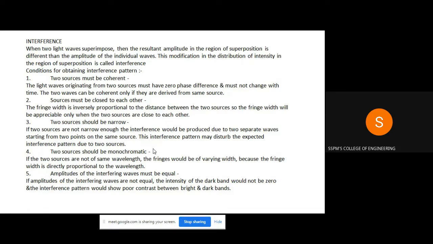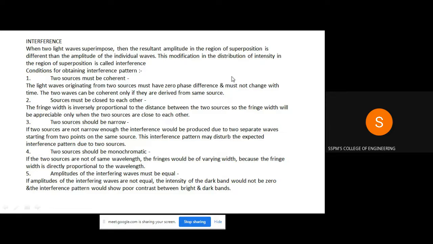When the ray of light is incident on a surface separating two media, part of the light is reflected and part is refracted. Reflection is considered if the angle of incidence equals the angle of reflection, and the incident light and reflected light should be in the same plane. These are the two conditions to explain reflection.